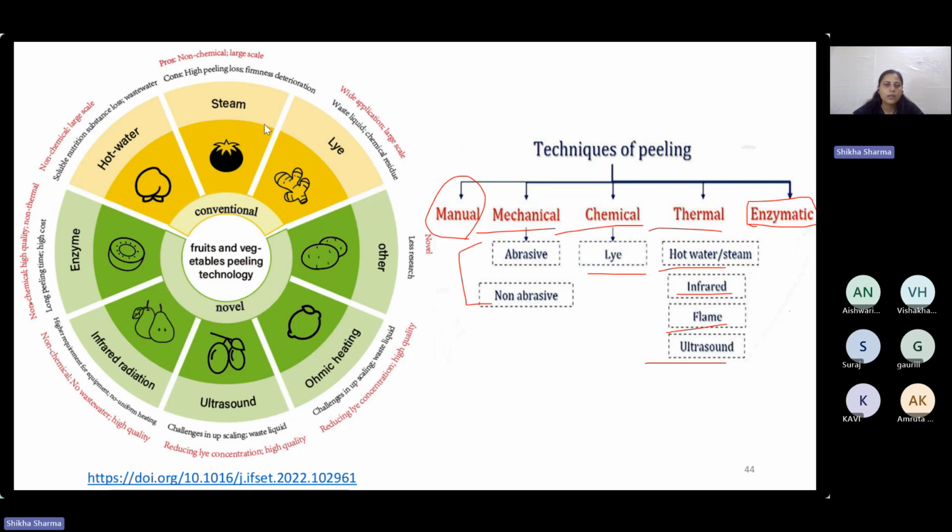Also, the conventional peeling methods are hot water, steam, and lye peeling, which is a chemical method. But nowadays, novel methods have come into the picture, like ohmic heating, ultrasonic peeling, infrared radiation based peeling, and enzymatic peeling.